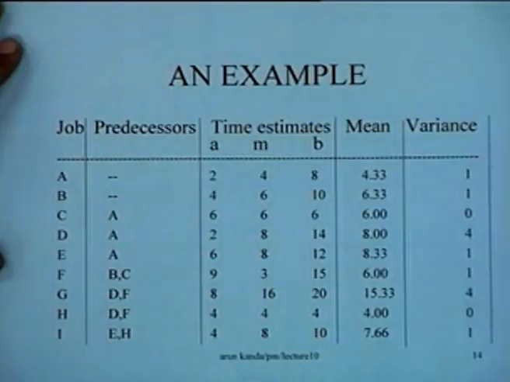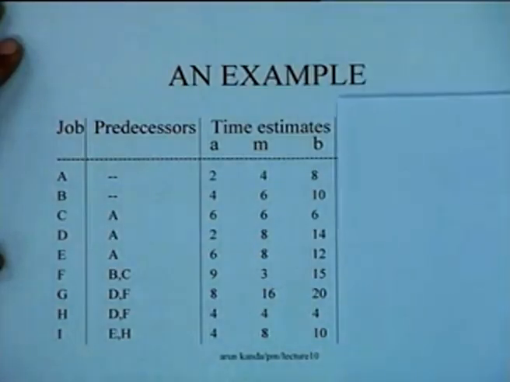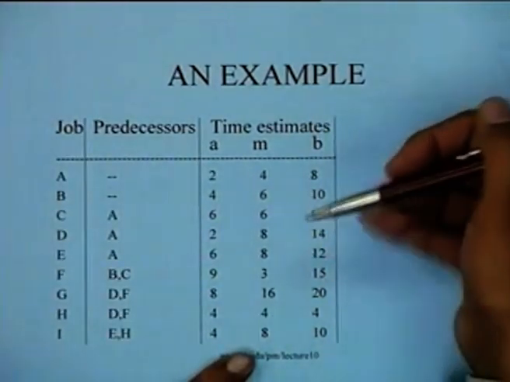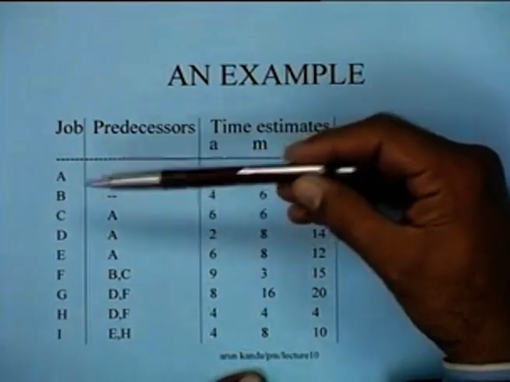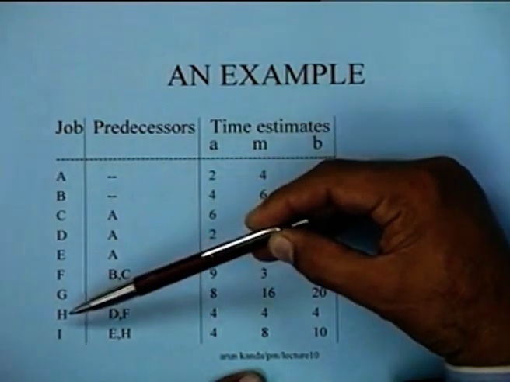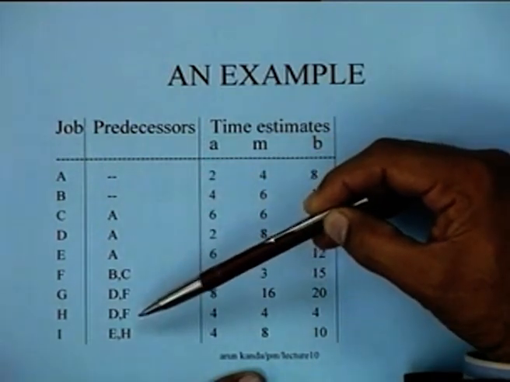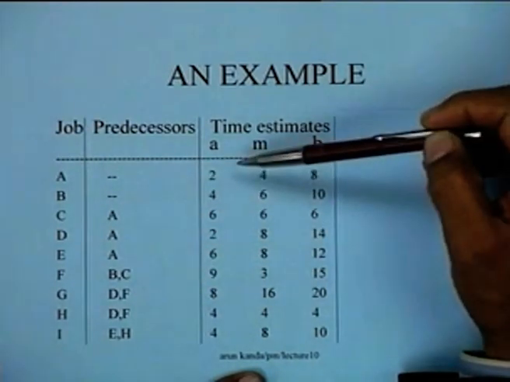Let us assume that we have a project which is something like this. The basic starting data for us would be the list of jobs, the list of predecessors for the jobs, and the time estimates.